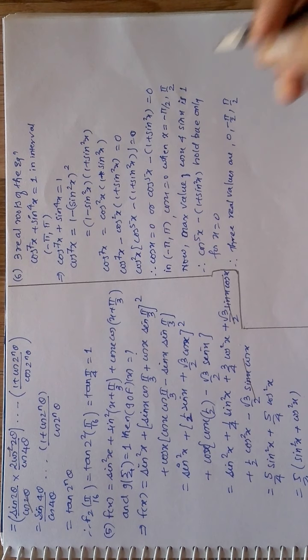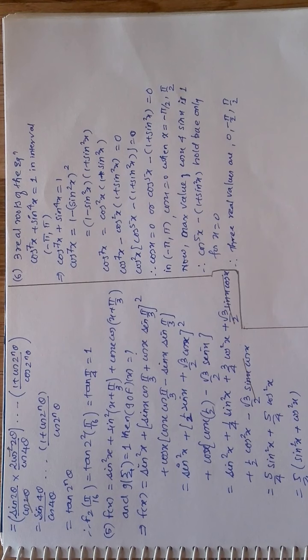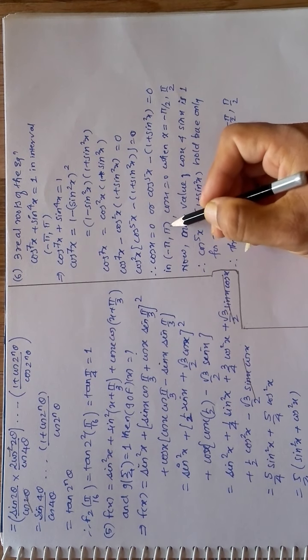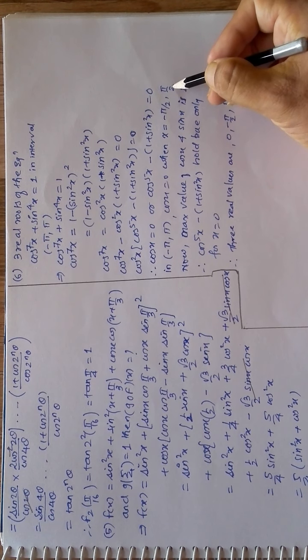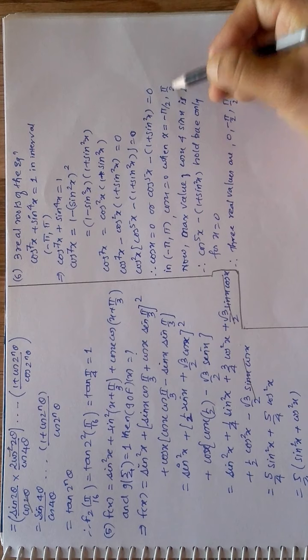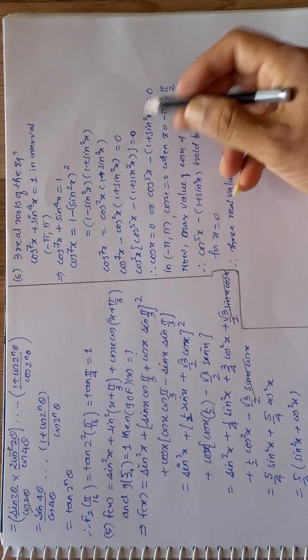The main thinking lies over here, these two parts. When it is going to become 0, it becomes 0 at infinite points, but the interval is given minus pi by 2 to pi. So in that interval only at 2 points it becomes 0. And in this case, the maximum value of cos x and sin x both is 1.